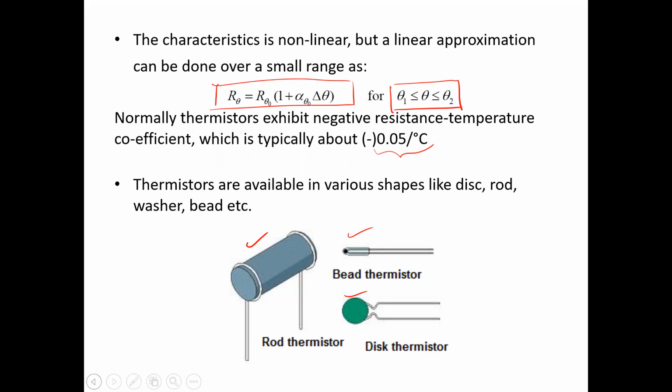If the resistance is known, then from the approximation equations, either linear approximation or quadratic approximations, the unknown temperature can be determined. And also, the relationship can be used in inverse form.